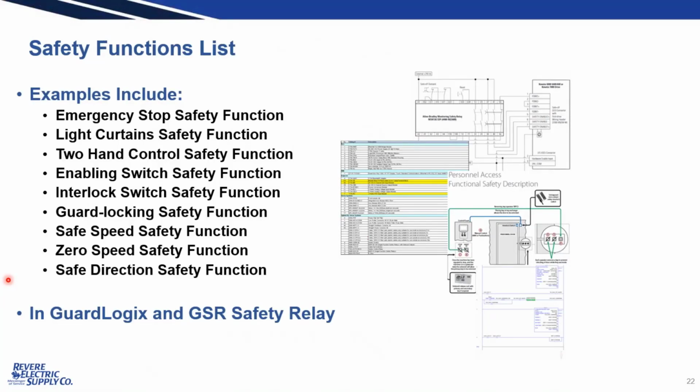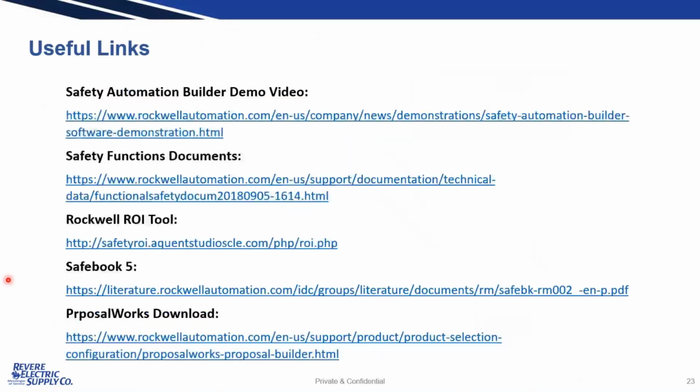Just to give you an example of some of the safety functions that are listed, you can see here emergency stop, light curtains, two-hand controls, guard locking applications, zero speed safety functions, and they're done up as not only guard logic through a PLC program, but also as just a simple safety relay application, depending on how complex your machine or your application is.